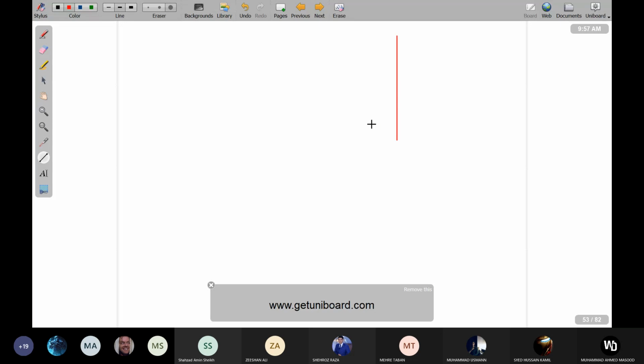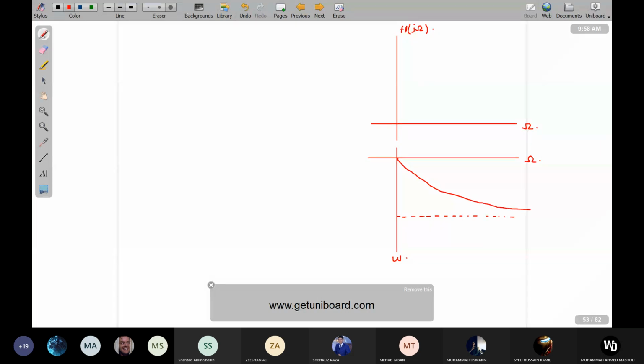This is my H of j omega, this is capital omega, this is small omega, and just one side I will place it, and that's the transformation, which is approaching pi.